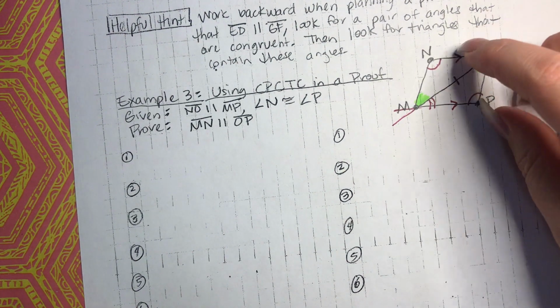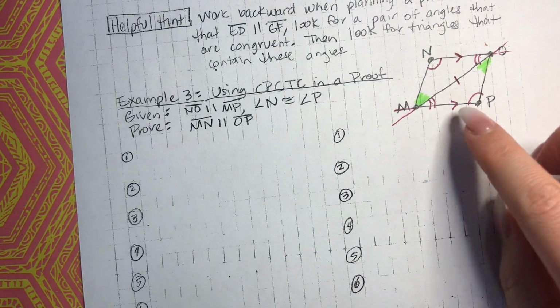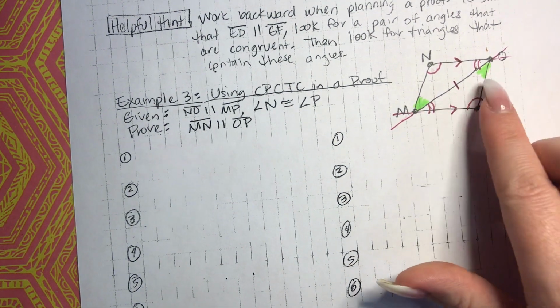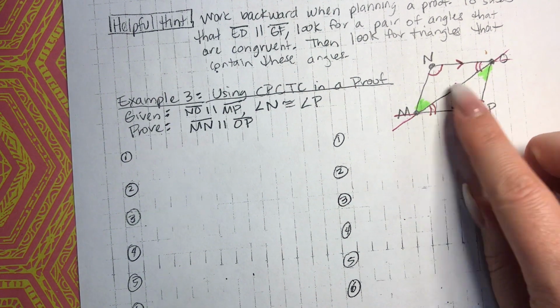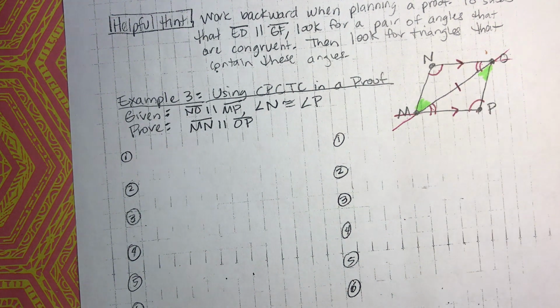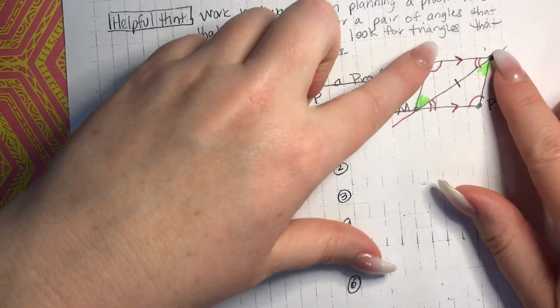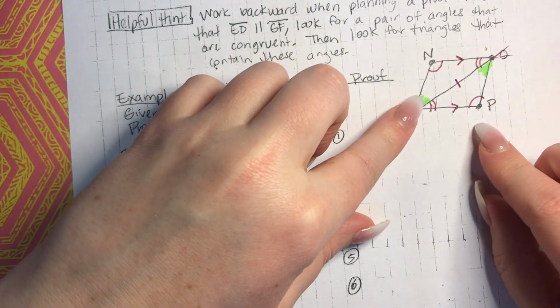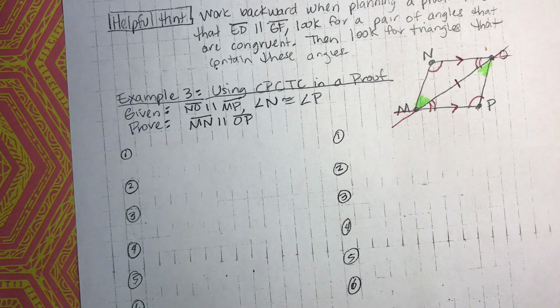So we can say that these two triangles are congruent because of angle, angle, side, and then we would just have to show that these are corresponding parts, and they would be because it's the third angle, right? So it's the only one left. So we know that those two are going to be congruent because of CPCTC. Because those are congruent angles, then we could say that these are parallel because of the converse of the alternate interior angles theorem. Whew! That was a lot.